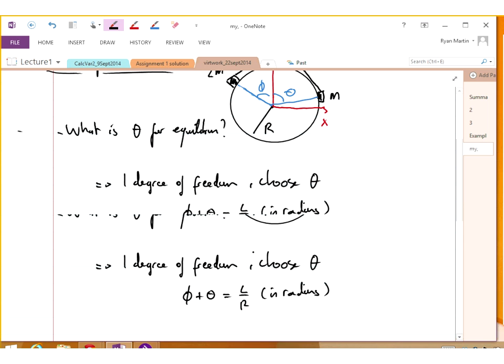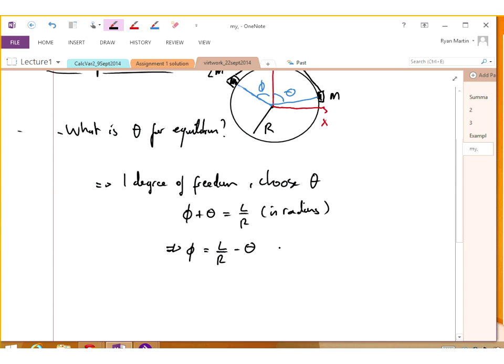That means that phi is equal to L over R minus theta. And that means that delta phi is equal to minus delta theta. So if theta increases, then phi decreases.